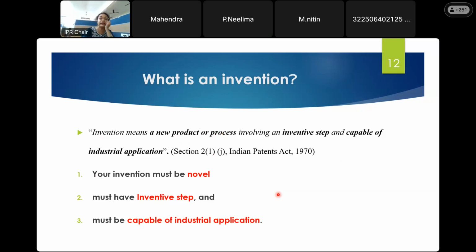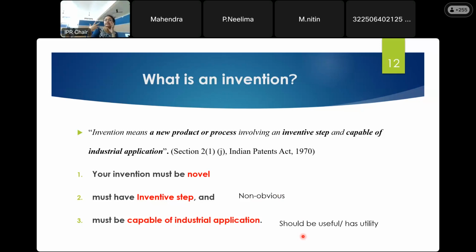The word inventive step is sometimes called non-obvious. That means your invention is not obvious to a person skilled in the art or to the general public. Your invention is not obvious. Okay. Inventive step and non-obvious are synonymous, but the term non-obvious is used in the US Patent Act, and in India we use inventive step. Then the third one must be capable of industrial application.